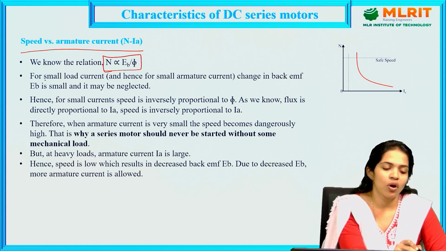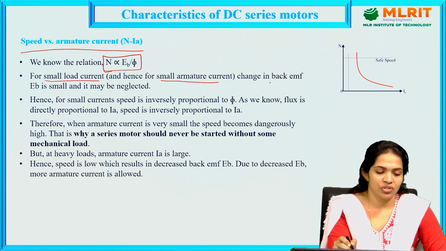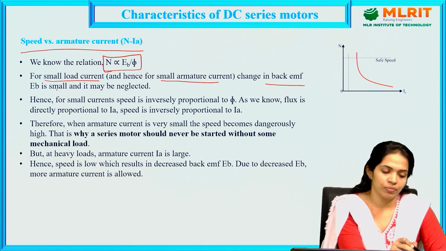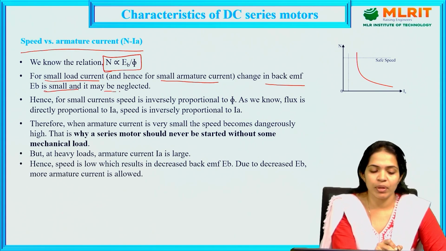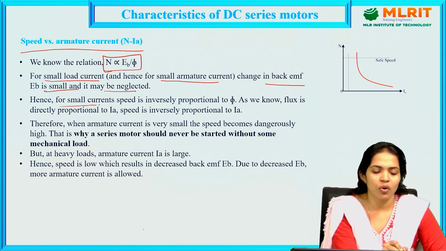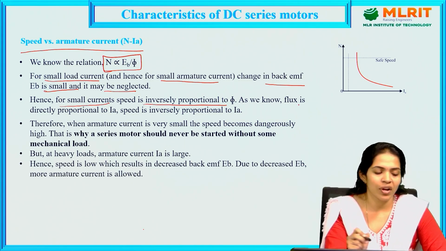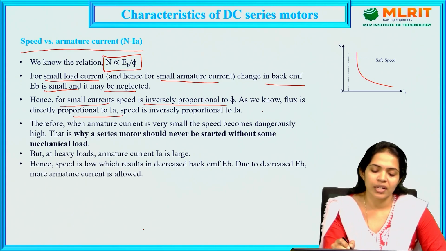For small load currents, that is, small armature currents, the change in back EMF is very small and it may be neglected, or taken as almost constant. Hence for small currents, speed is inversely proportional to flux, and we know that flux is directly proportional to current Ia.